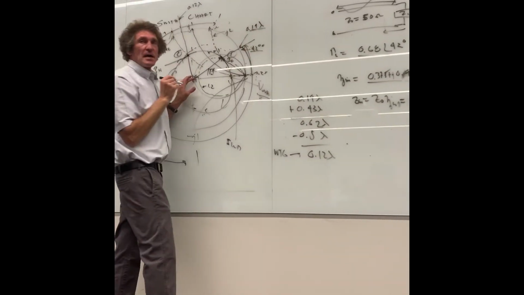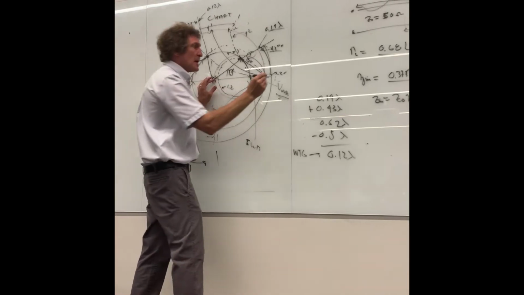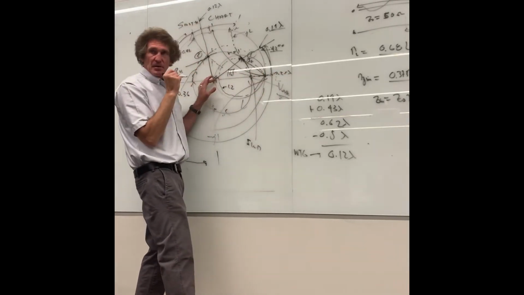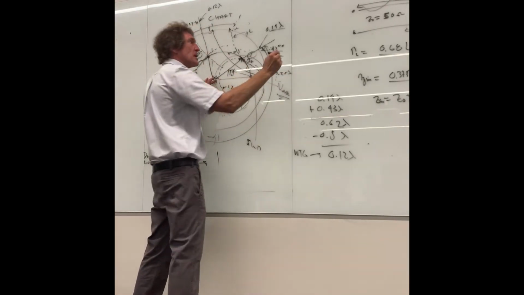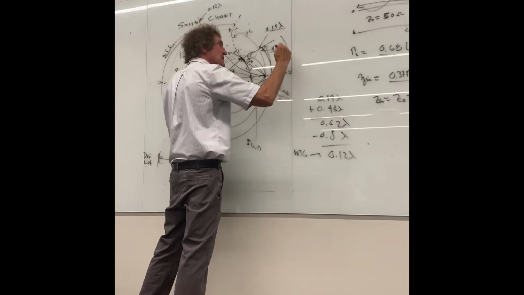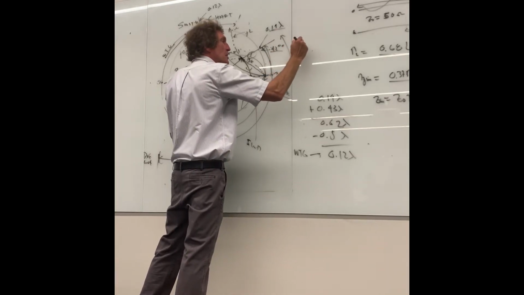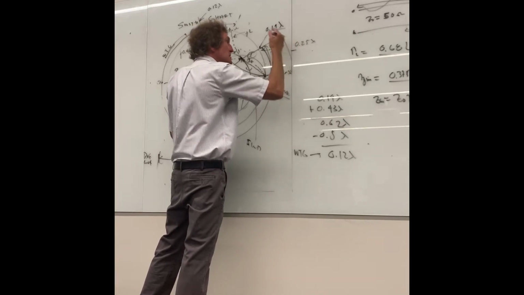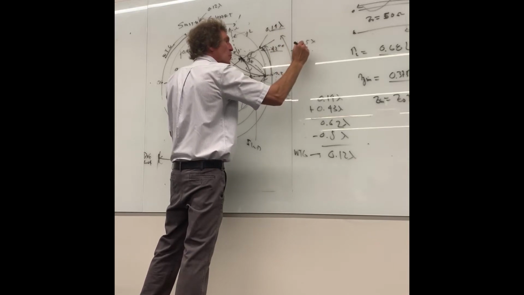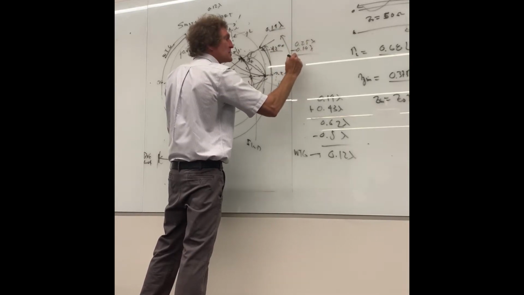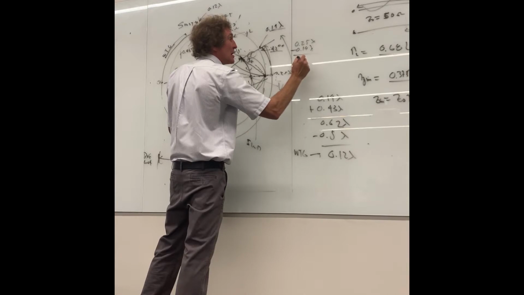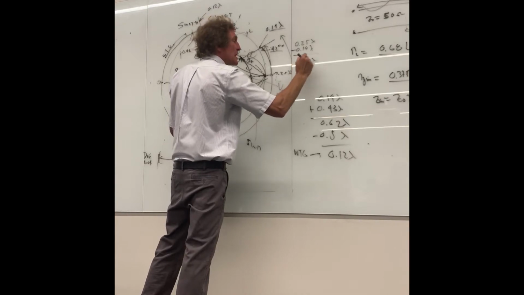See this 0.19 lambda? That's where we entered. This is 0.25 lambda. Follow me? How far did I travel in terms of lambda? I went from 0.25 lambda minus that mile marker, 0.19 lambda, and that's going to be 0.06 lambda.